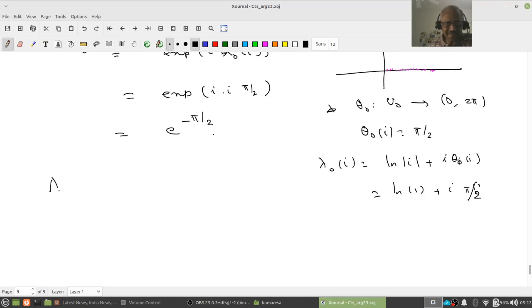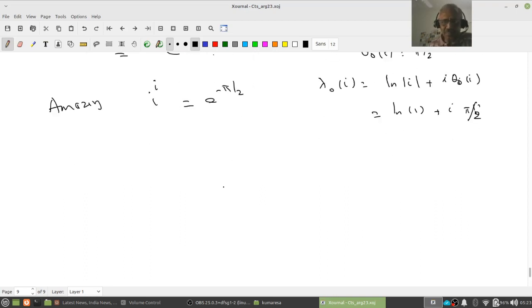Isn't it amazing? I have a purely imaginary number raised to a purely imaginary number, and one of the values is e power minus pi by 2. What are all the other possible powers? All possible logarithms, any lambda of i, should be i pi by 2 plus 2n pi i.